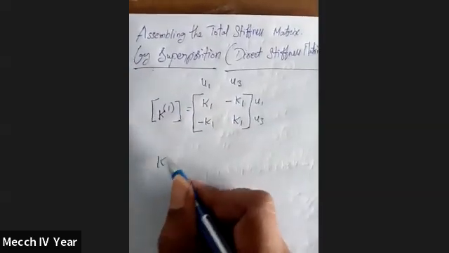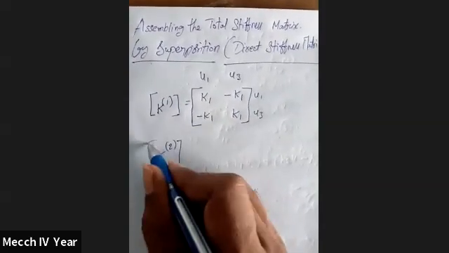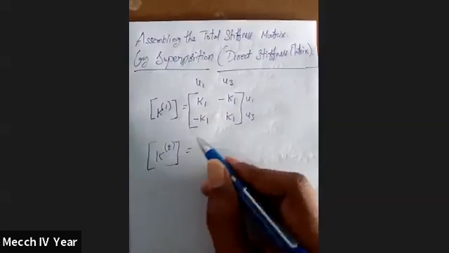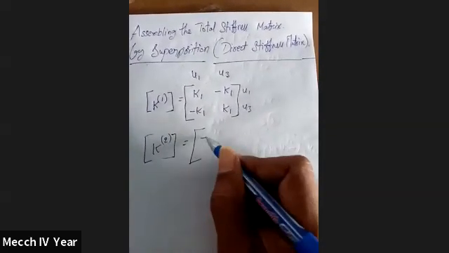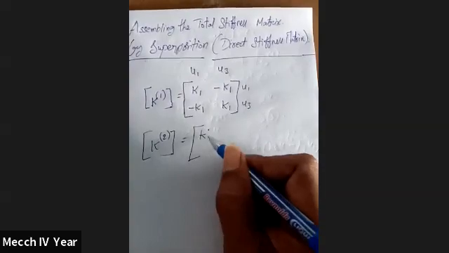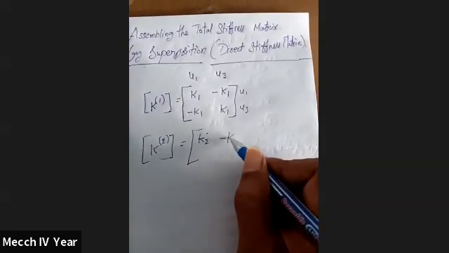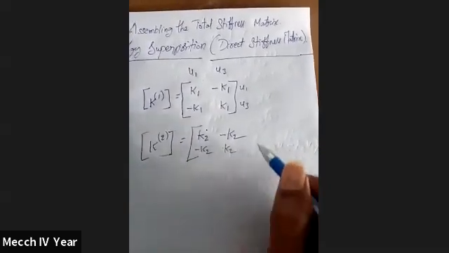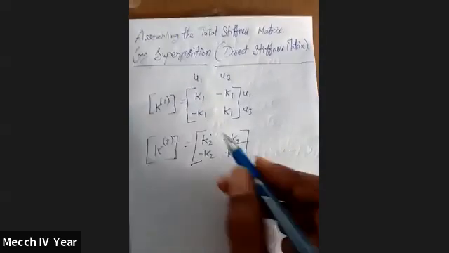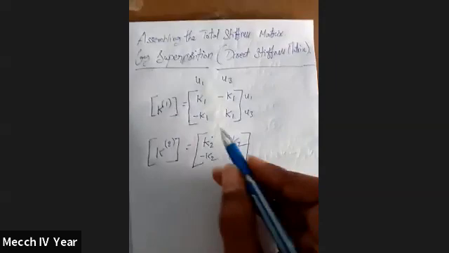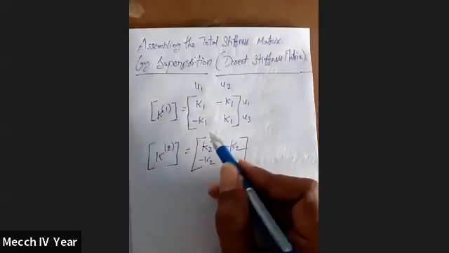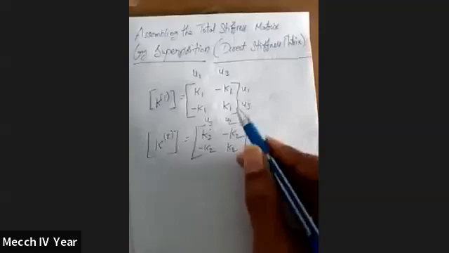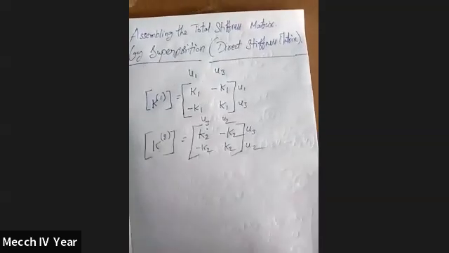In a similar way, we take the element 2 stiffness: k2, minus k2, minus k2, k2. Similarly, we write u here: this is u3 and this is u2.